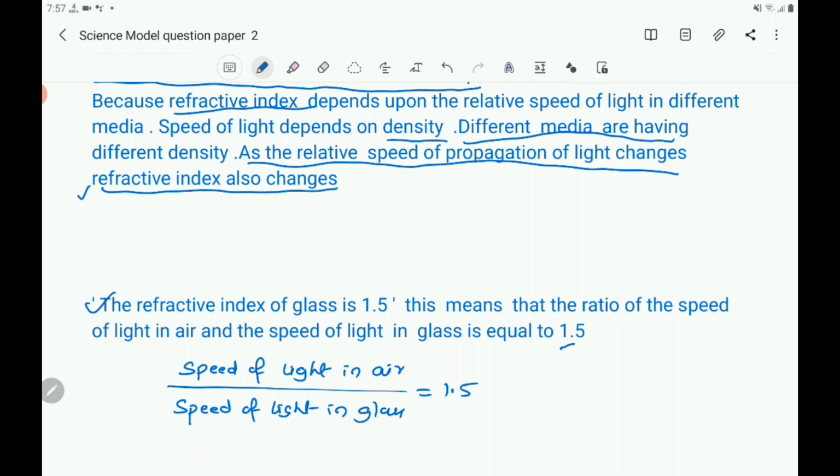The refractive index of glass is 1.5 means that the ratio of the speed of light in air and the speed of light in glass is equal to 1.5.